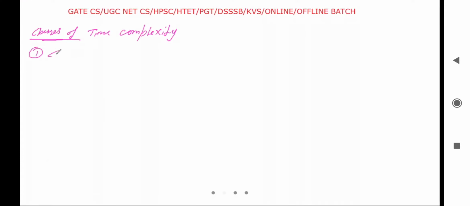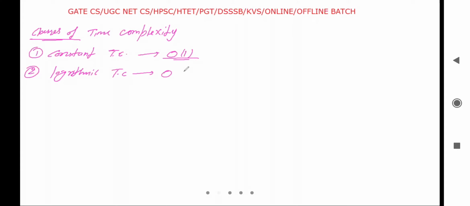Constant time complexity is represented by order of 1. Next is logarithmic time complexity, which is represented by order of log of n.